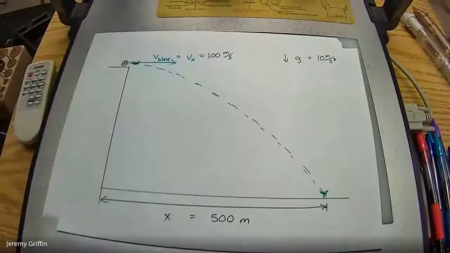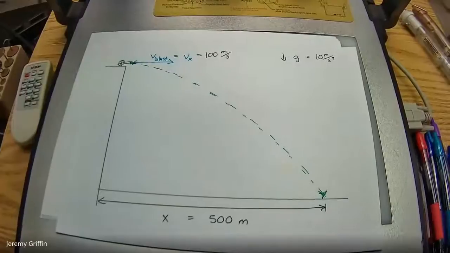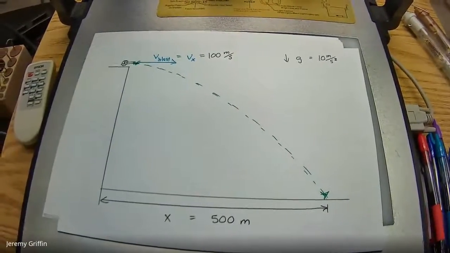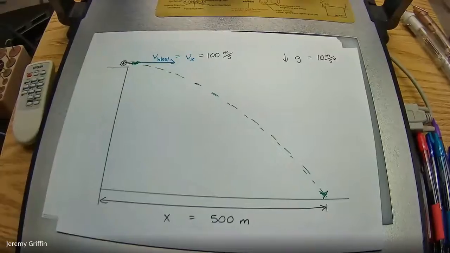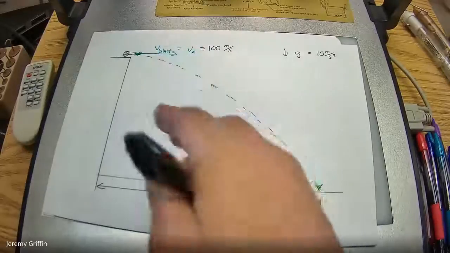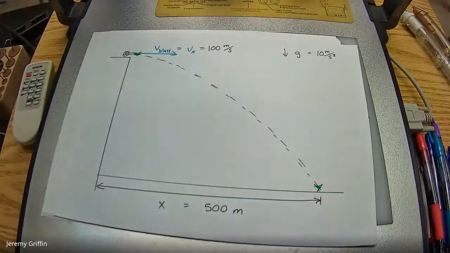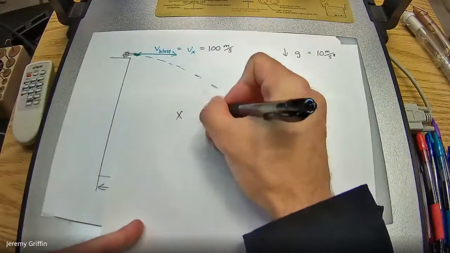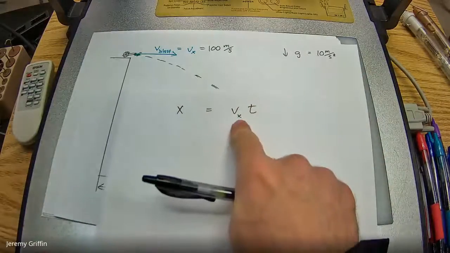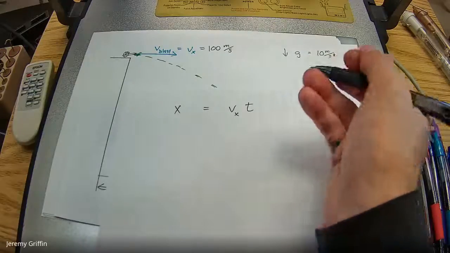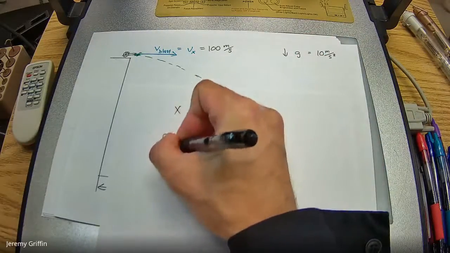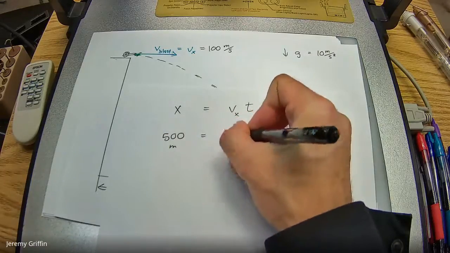That's our roadmap. So let's definitely start with horizontal information. I know 2 pieces of horizontal information. I know how far, I know how fast, therefore we can solve time, and then we'll be on our merry way. X equals VT. Now throw a little subscript X on that V to denote horizontal direction. I know it went 500 meters at a rate of 100 meters per second.